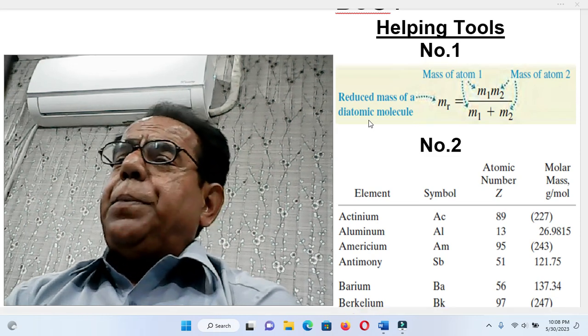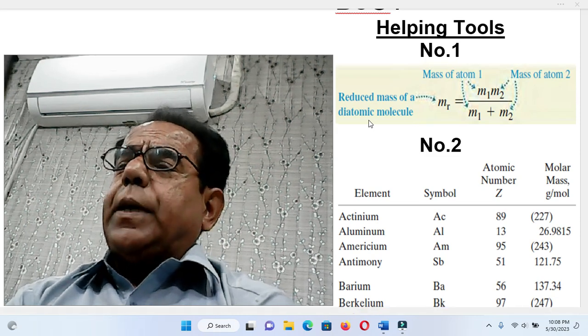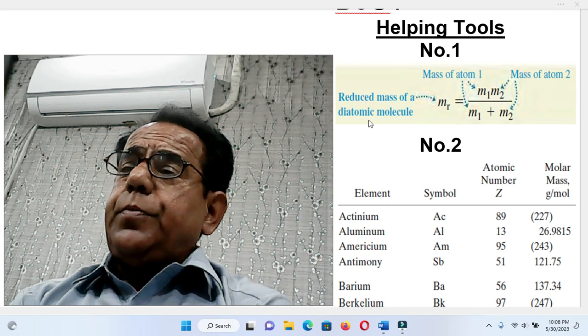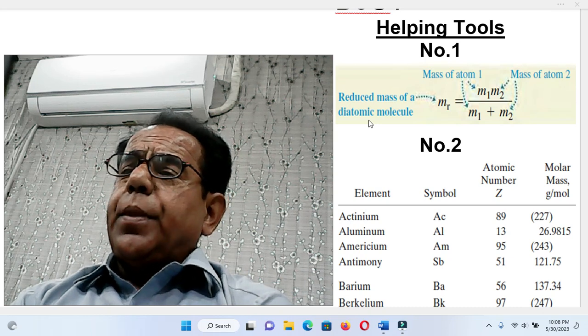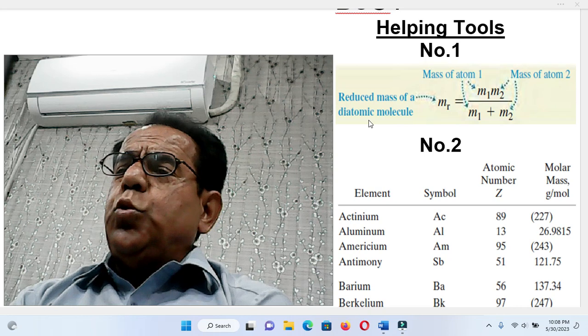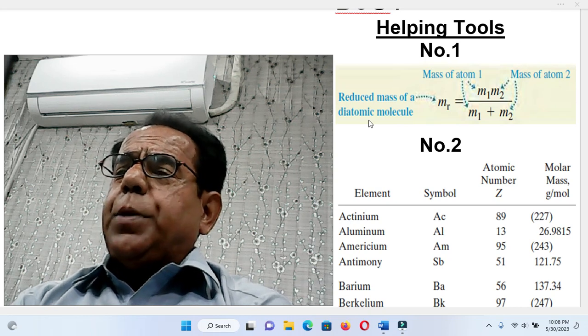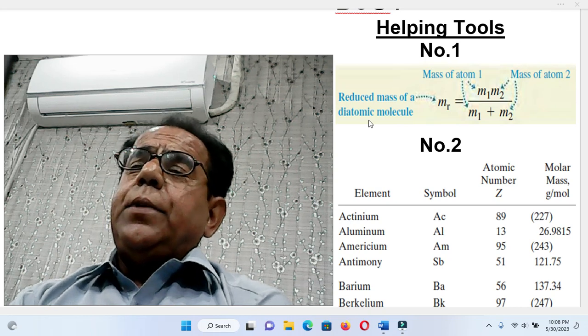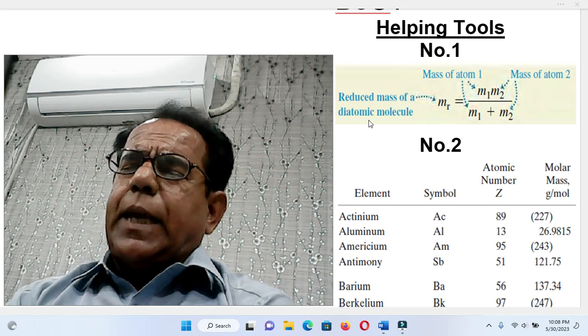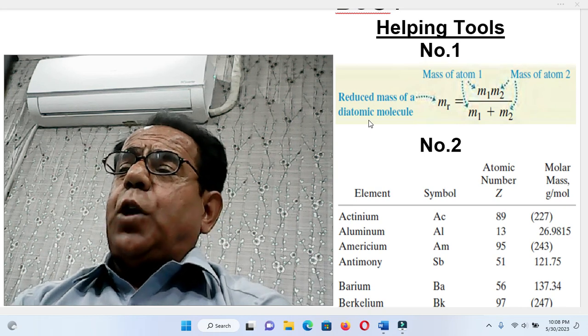Okay, helping tools. Tool number 1. In this tool, the reduced mass of a diatomic molecule is expressed in mathematical form.